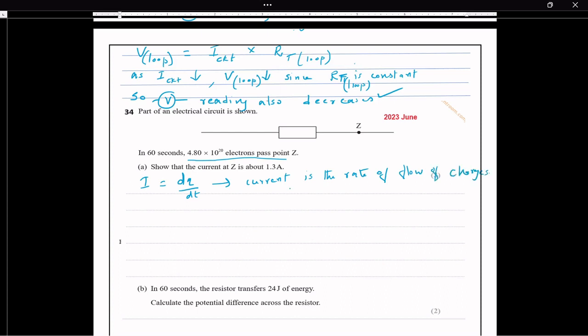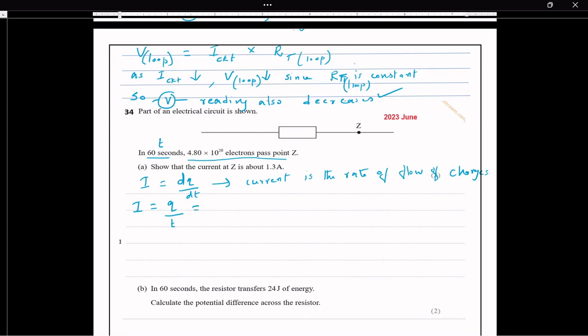Or in another way we write current is Q over T. And here in 60 seconds, so time is given, 60 seconds. This is the time, but Q is not given.